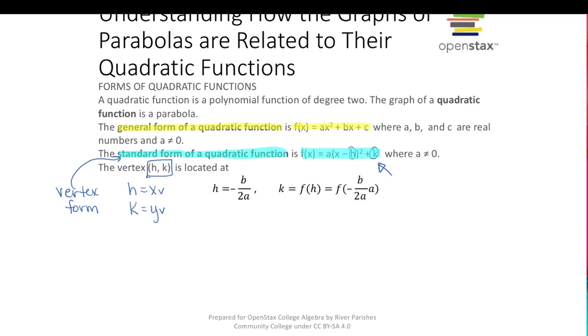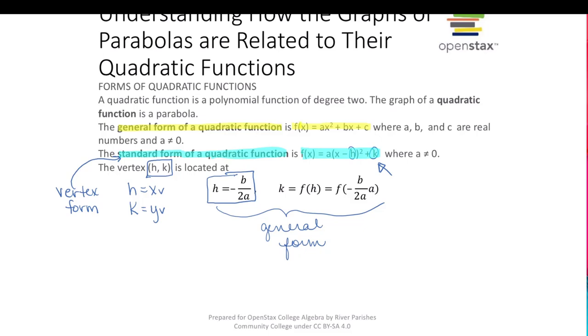So if I were to use general form instead, you would find the vertex this way. You would use this formula: h is equal to negative b over 2a. That gives you the x coordinate of the vertex.